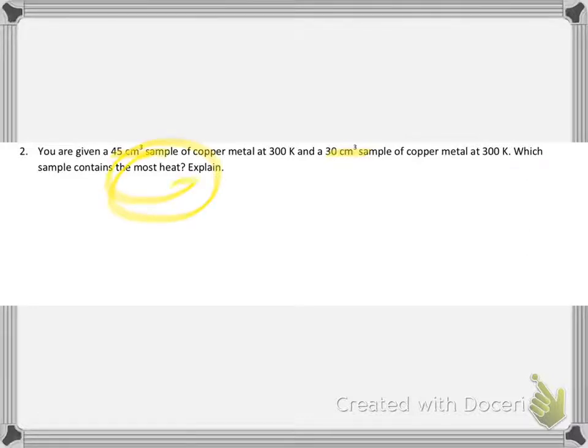Which one contains the most heat? Explain. And of course, when you're ready to check the answer, unpause the video. Well, if you said the 45 cubic centimeter sample contained the most heat, you would totally win. Remember, heat is extensive, and if you have more volume, you have more mass, so you have more heat.